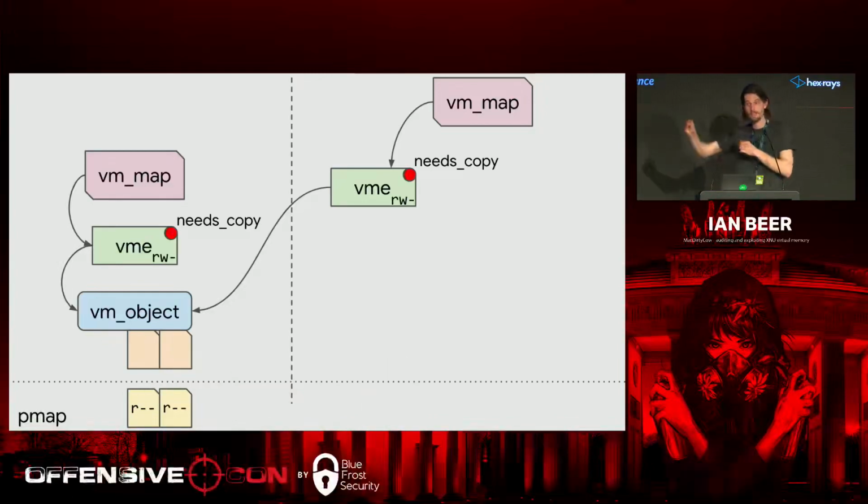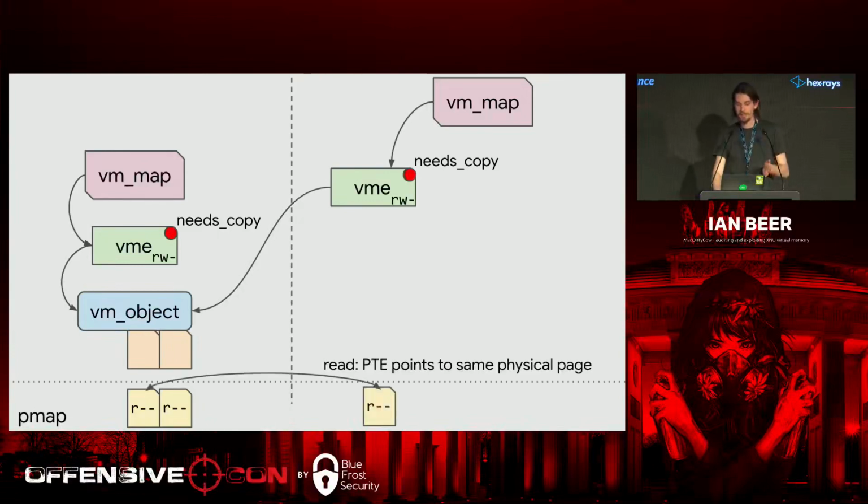When it tries to read from that VME, a fault will occur, and the VM map code will come up, find the task's VM map, and traverse the list of virtual memory entries to find the VME which covers this virtual address space. It will then see that this is a fault for a read, so I don't need to perform any copying. I simply follow the pointer down to the VM object, find the resident page, and I can simply insert a page table entry into the PMAP, the page table, for the other task.